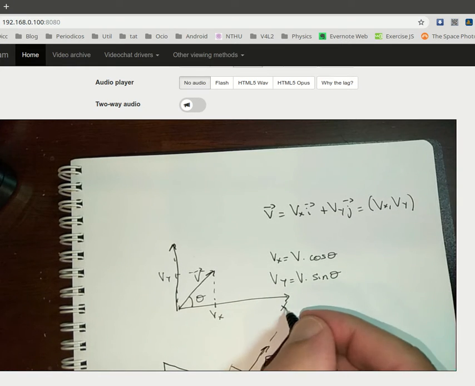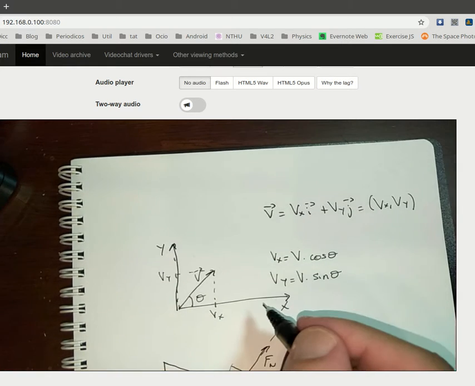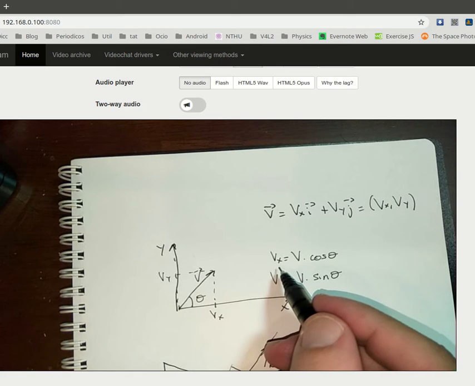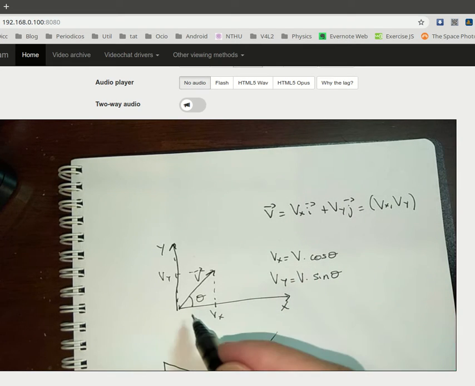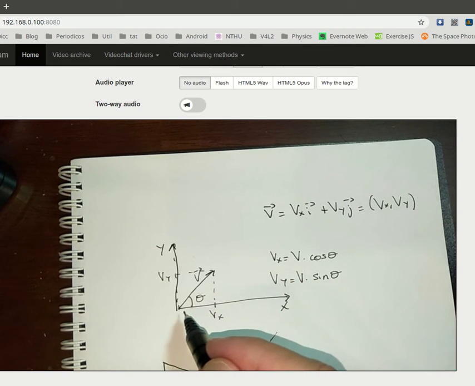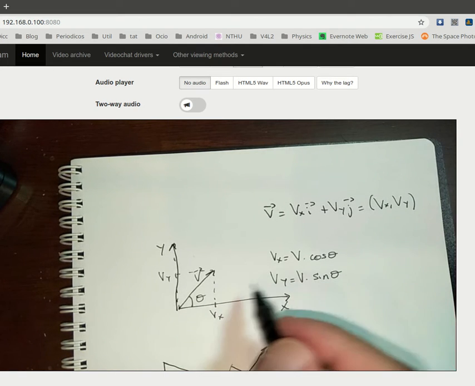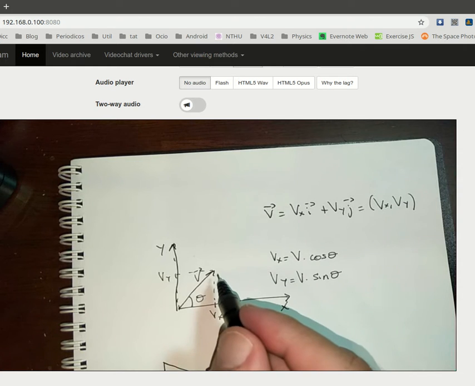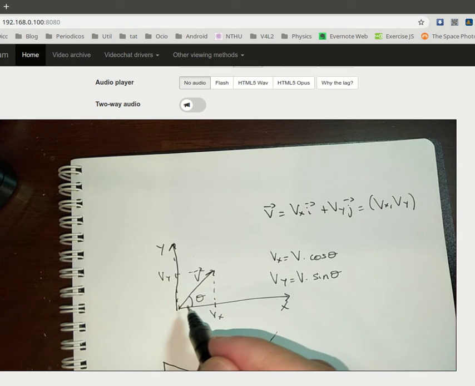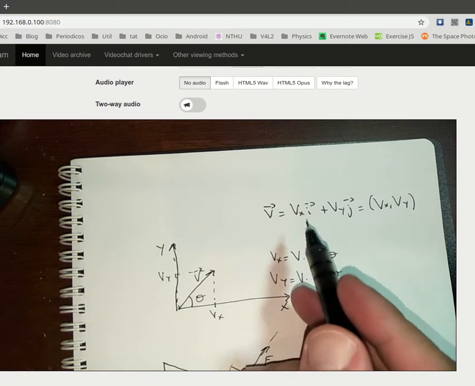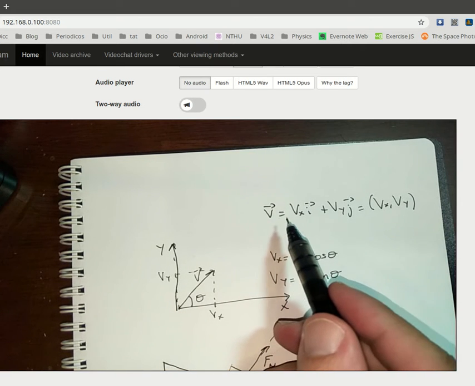If this is the x-axis and this is the y-axis, we call vx equals v cosine theta, because it's this angle, and vy equals v times sine theta. Sine is this part, which is the same as this one, so it's the y.